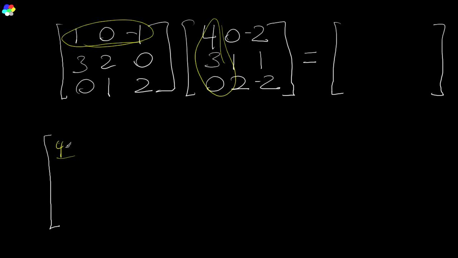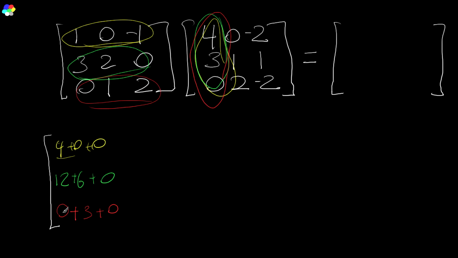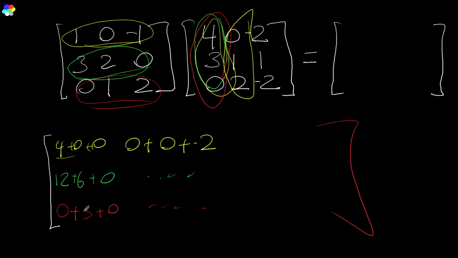So it's just going to give us 4 plus 0 plus 0. And the next one, let's go here and here. Again, it's going to be 12 plus 2 times 3 is 6, plus 0 times 0 is 0. And then this one's going to be 0 plus 3 plus 0. 0 times 4, 1 times 3, 2 times 0. And then you start again with the second column here. Hopefully you get the idea.